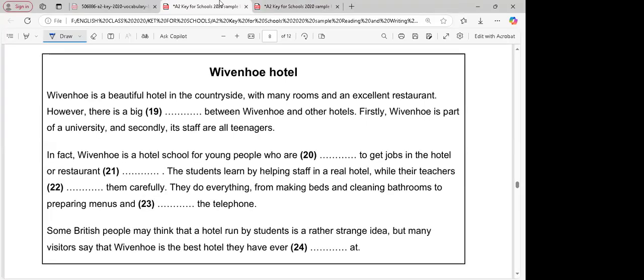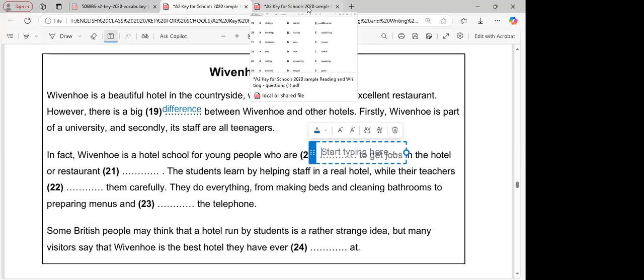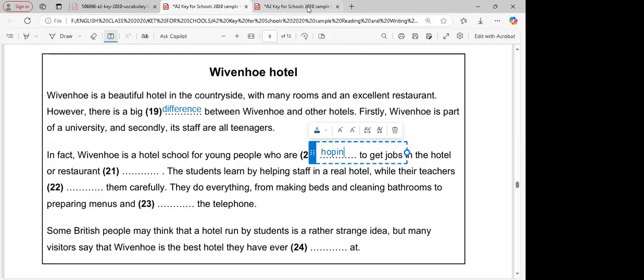Teacher, is it okay if I put ticks? Yes, you can definitely mark your answers. So here, difference. Check your answers. Difference. And here, what is the answer? We said hoping. Next one, to get jobs in hotel or restaurant.